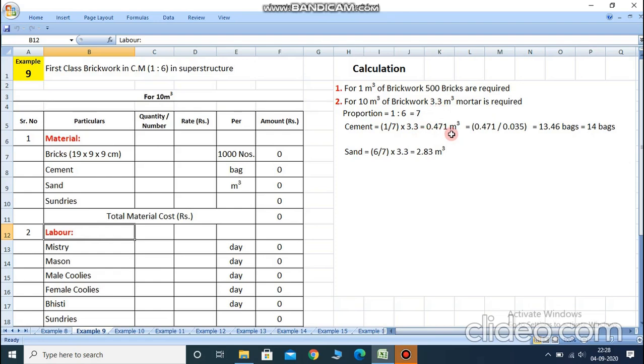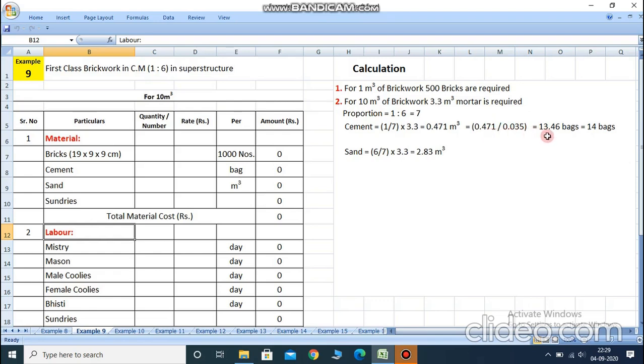Here we got the answer in meter cube, but cement is always counted in number of bags. So 0.471 divided by 0.035, where 0.035 is the volume of 1 bag of cement.